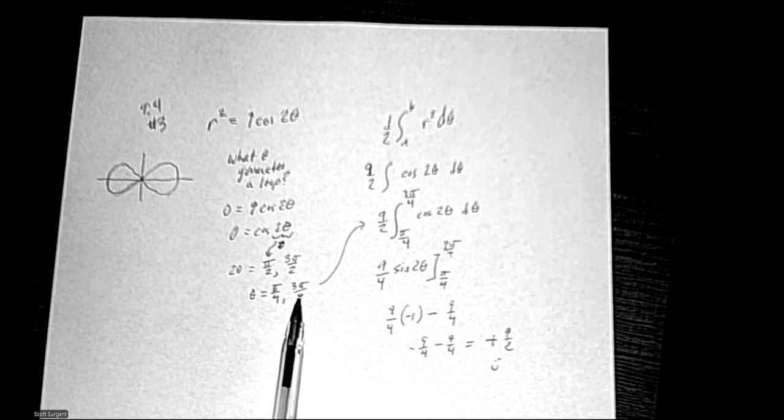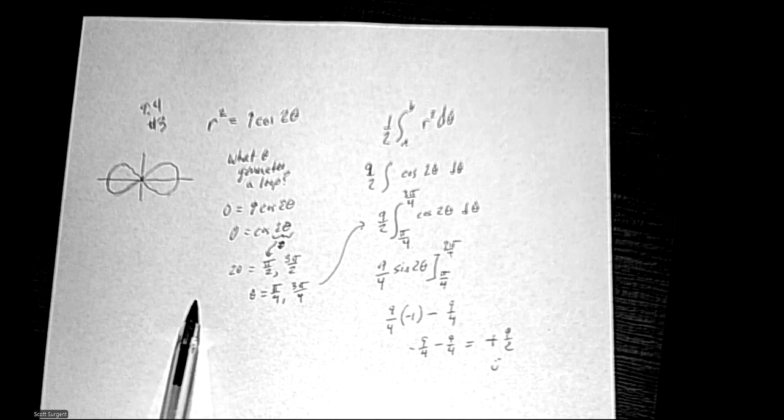This will work. This actually gives me the back half, I realize now. No big deal. It's symmetrical, so I'm okay. If I had gone from negative pi halves to positive pi halves, then I would have negative pi over 4 to positive pi over 4, and that would have given me the positive version. So I don't worry too much about the sign.